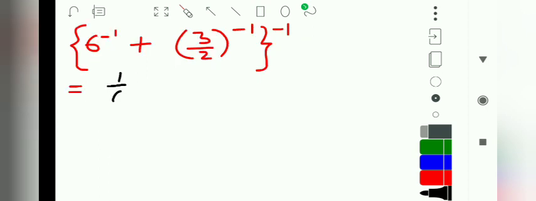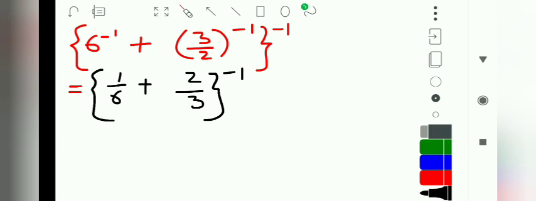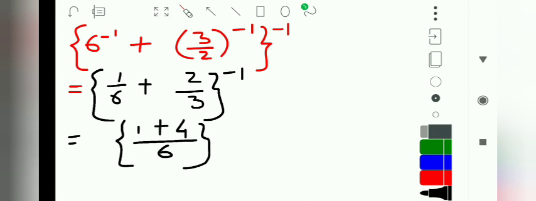6 inverse means 1 by 6. Multiplicative inverse of 3 by 2 is 2 by 3. Additive inverse of minus 1 is 1. And you don't need to write power 1, so it is 2 by 3. Now add 1 by 6 to 2 by 3. The sum is 5 by 6.